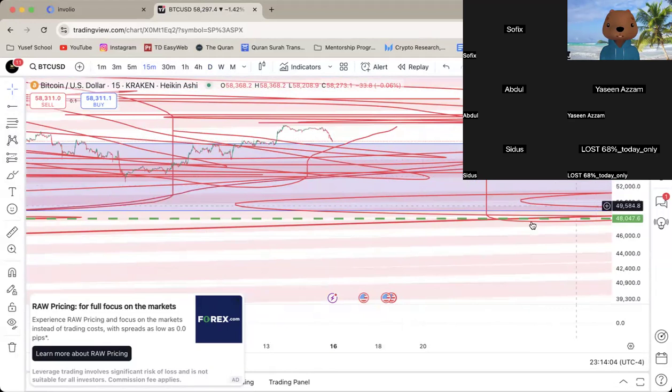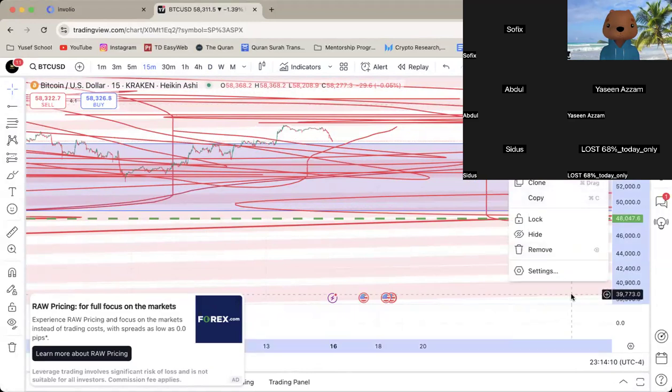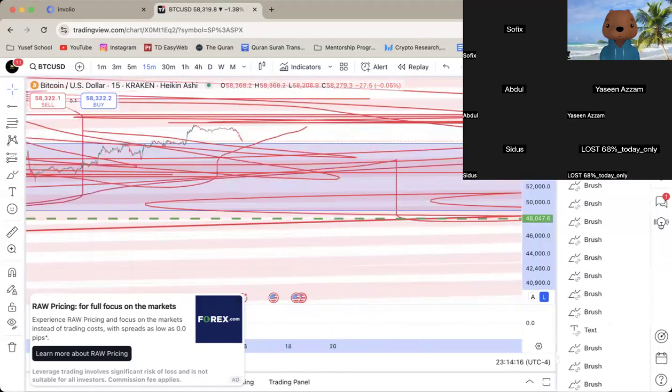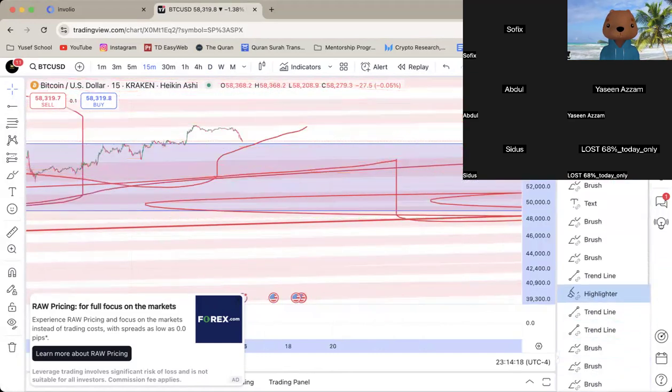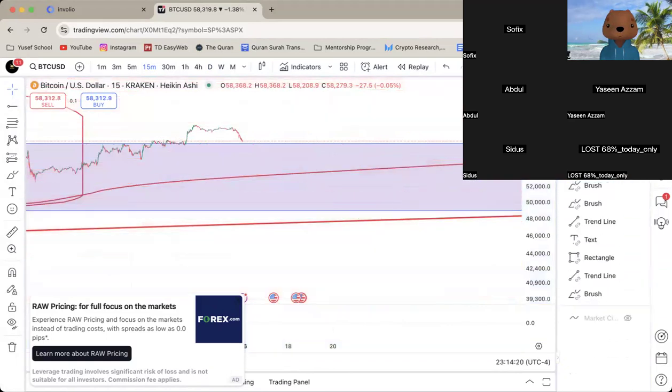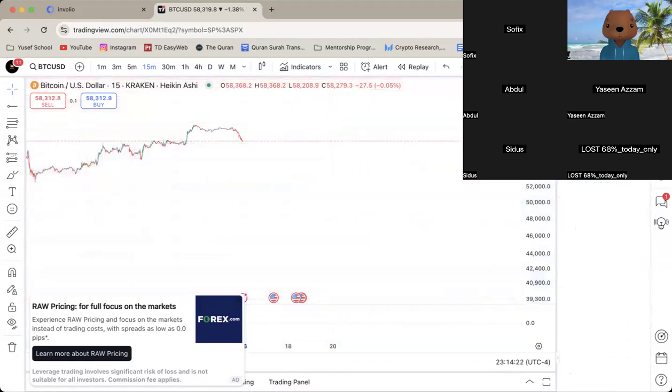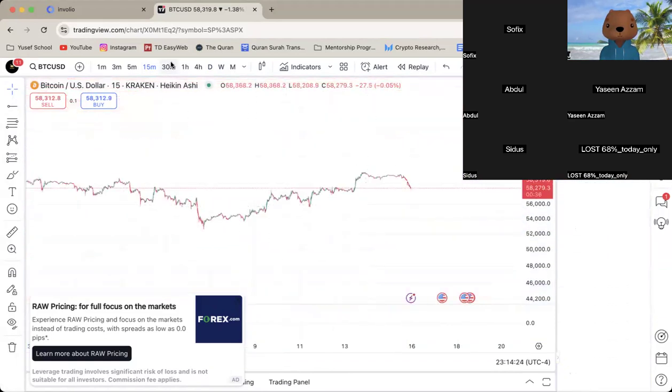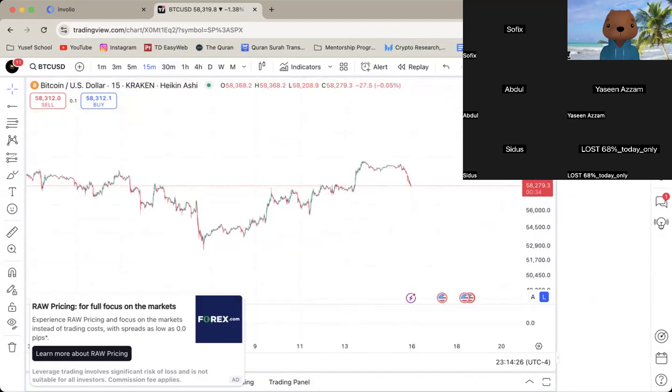How do you clear the chart? Okay, let's clear the chart. Wait a second. Now go to the lower time frame.